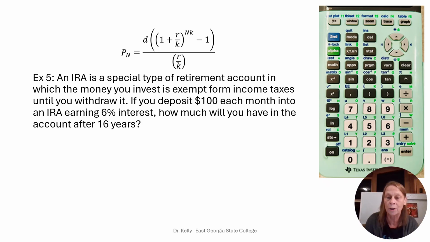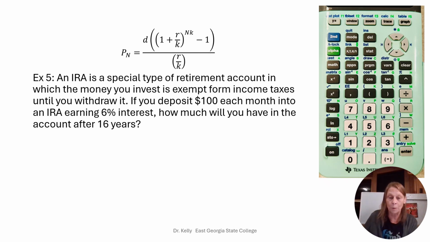A lot of times people use IRAs to save money for big things like down payments on a house, or if they want to pay for a car in cash, they will put money into an IRA so they can build that money slowly so it doesn't hurt as bad.